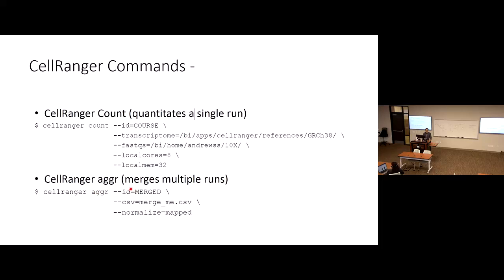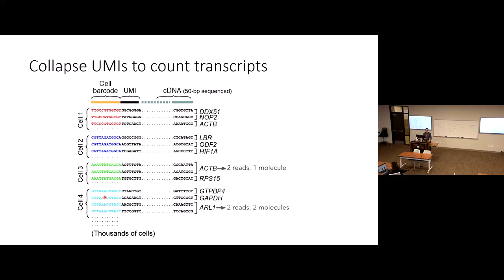And there are other commands, for example, aggregation of different samples. This is to explain how the UMI works. These colors are indicated by the cell barcode, the 10x barcode. They are different so that you can separate cell 1, cell 2, cell 3, and there are transcripts, mRNAs from these different cells.